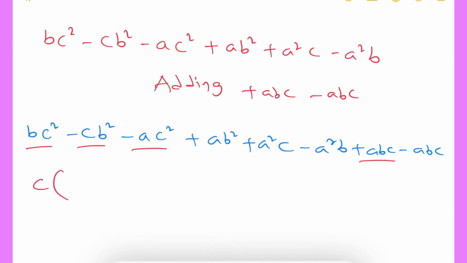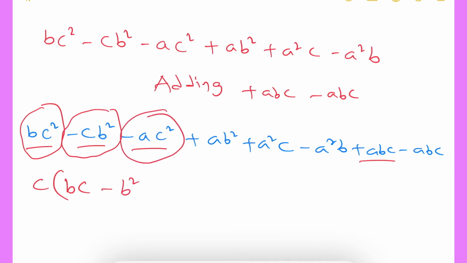Here BC square is there, C is there 2 times, already 1 time we wrote, and B is extra, so BC minus, here we have CB square, already C completed, then we remain with B square. Next third term AC square is there, so it will be minus AC, already C completed. Next the last second term ABC is there, already C completed, then remains AB.